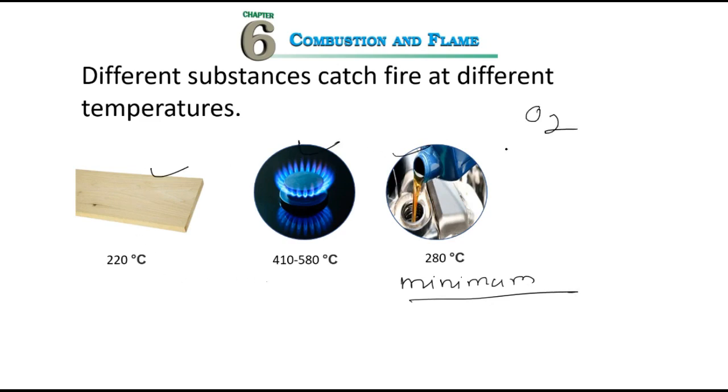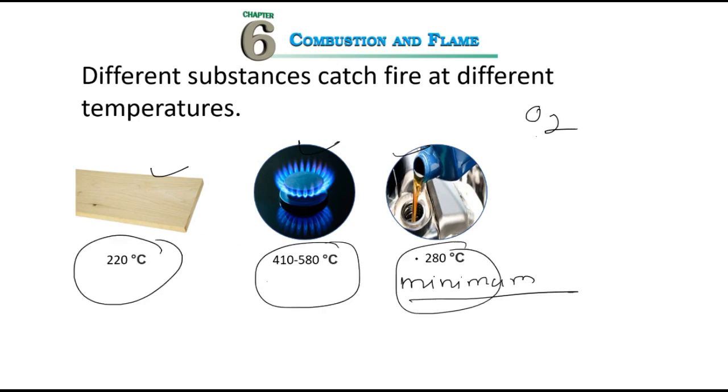Oxygen is there in the air, but other than oxygen, we require the lowest temperature. Right? However much oxygen you supply, unless petrol reaches 280 degrees centigrade or LPG reaches around 410 to 580 degrees centigrade, it will not catch fire.